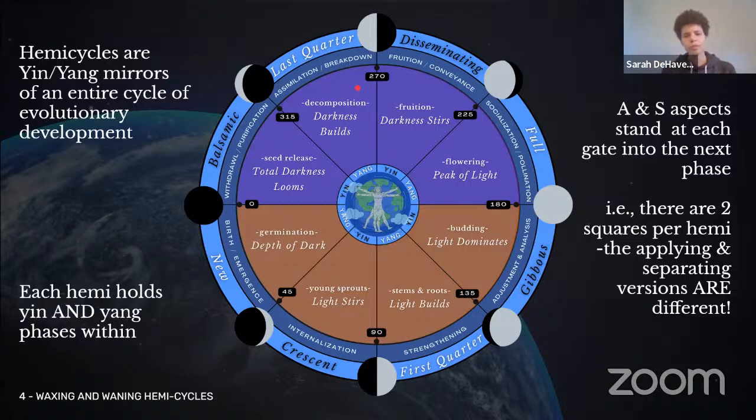The last quarter and first quarter squares, once they're in that point and they're separating squares, the tension can still exist, especially if it's very close to a 0-degree orb, but it's lessening, right? The tension is dissipating. It's decomposing, dissolving, we could say. Whereas in the crescent phase and the disseminating phase, as 2 planets are approaching a square, the tension is actually a lot more fraught with stress.